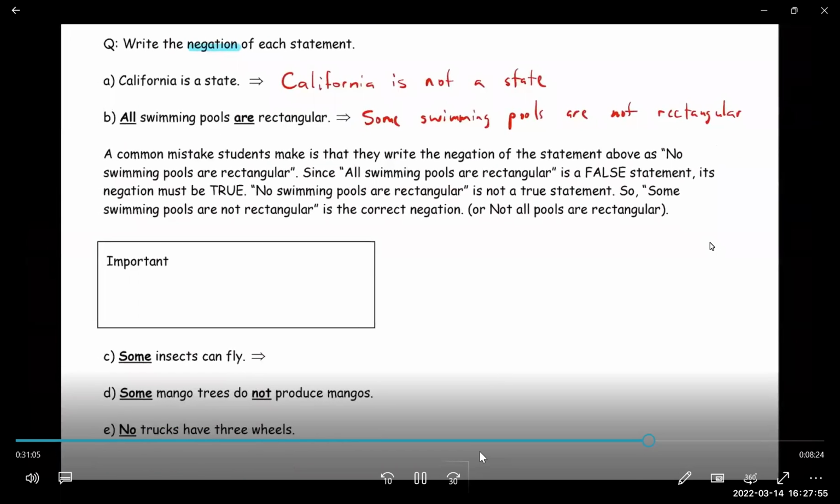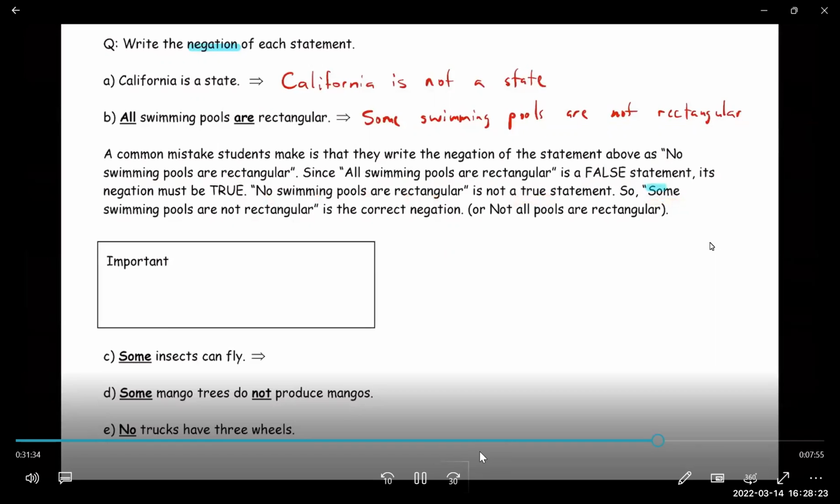Right, so it says here, a common mistake that students make is that they write the negation of the statement above as no swimming pools are rectangular. But that wouldn't be the negation, because all swimming pools are rectangular is a false statement. The negation must be true. So no swimming pools are rectangular is not a true statement. You have to say some swimming pools are not rectangular. That's the correct negation.